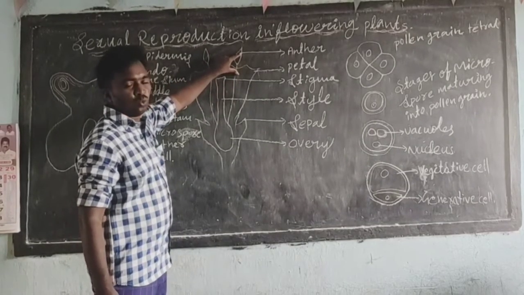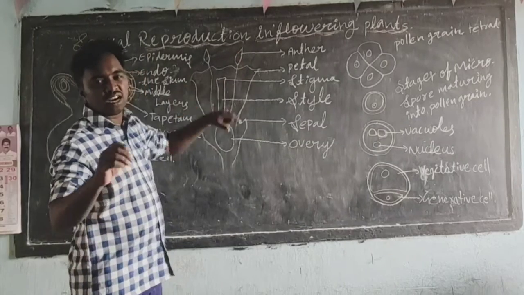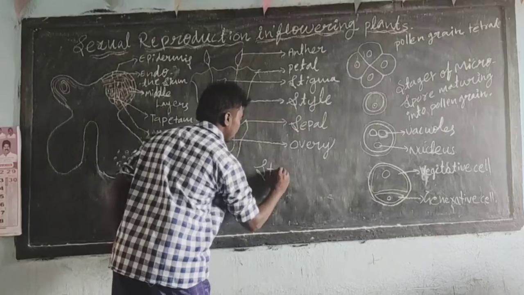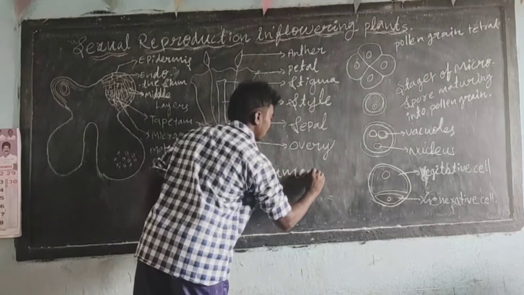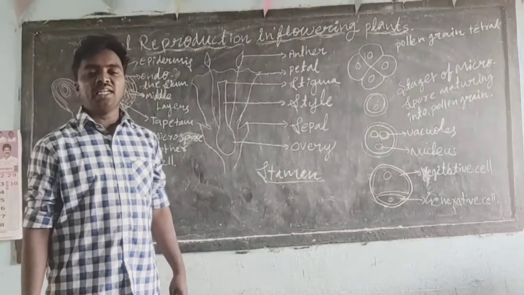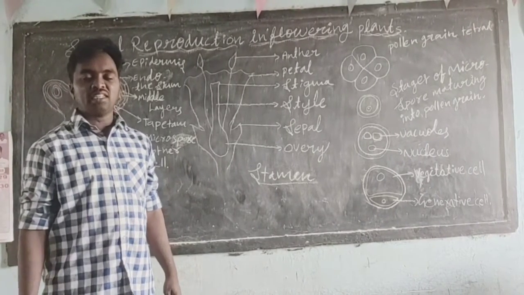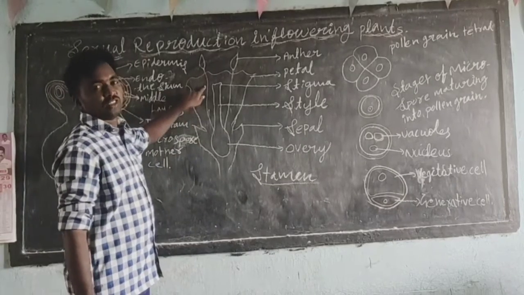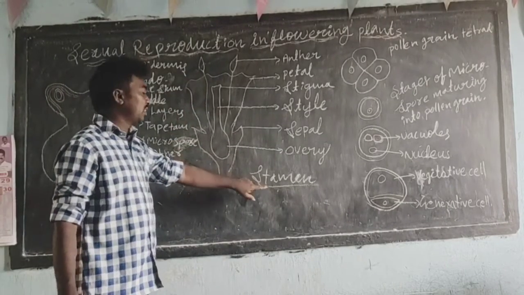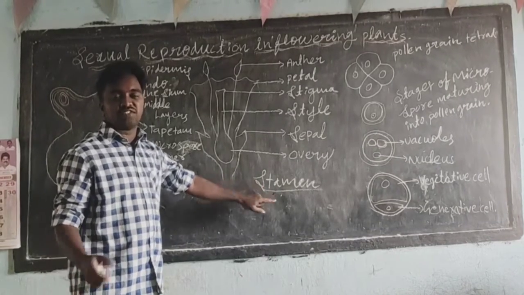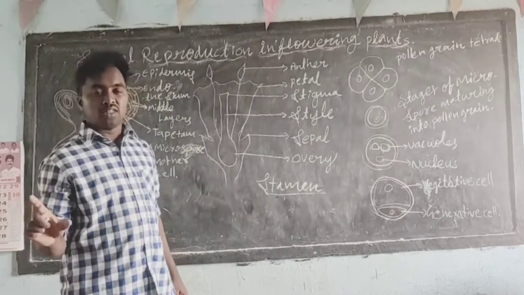These two parts are called the stamen. The stamen functions as the male reproductive organ. The stamen contains 2 parts, that is the anther and the filament.